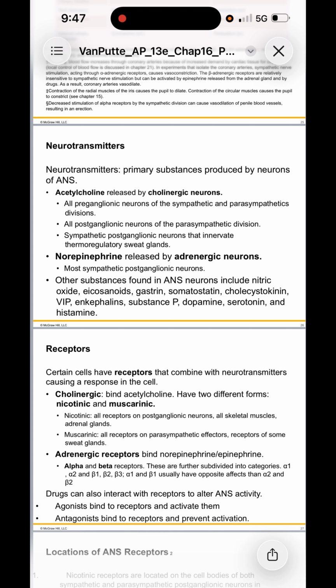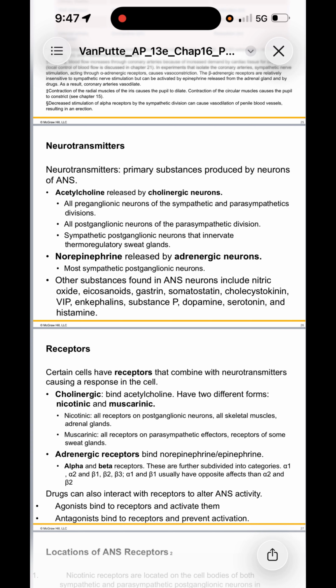Neurotransmitters are the primary substances produced by neurons of the ANS. Acetylcholine is released by cholinergic neurons: all preganglionic neurons of the sympathetic and parasympathetic divisions, all postganglionic neurons of the parasympathetic division, and sympathetic postganglionic neurons that innervate thermoregulatory sweat glands.